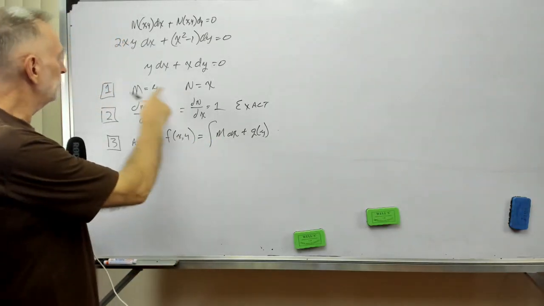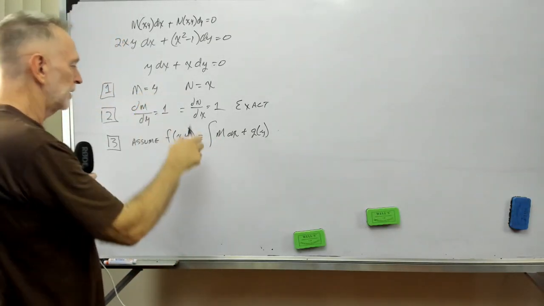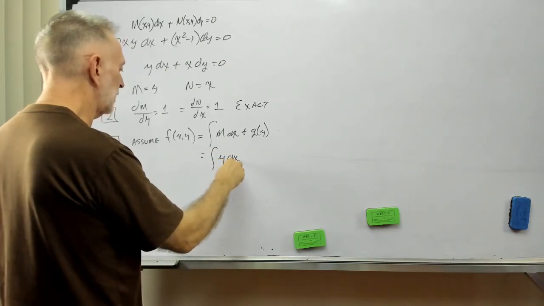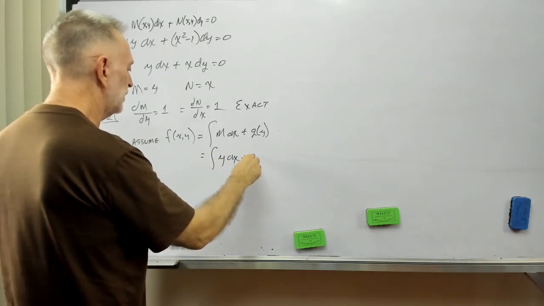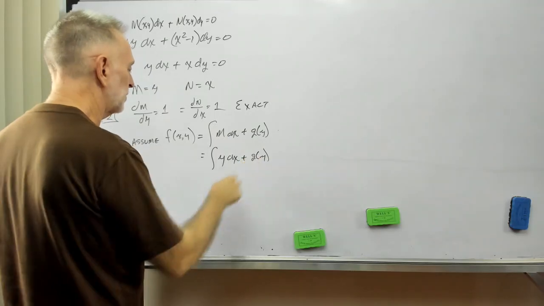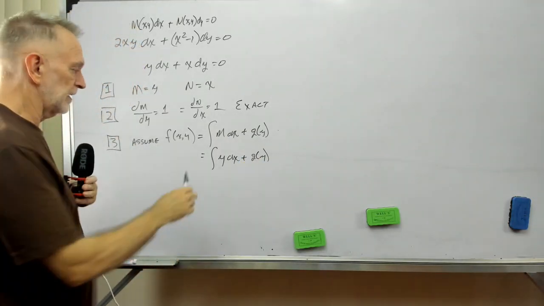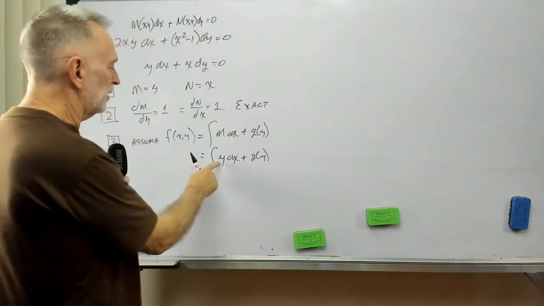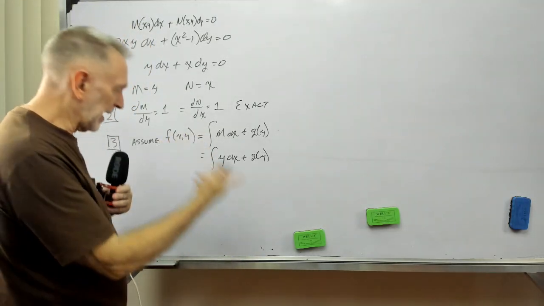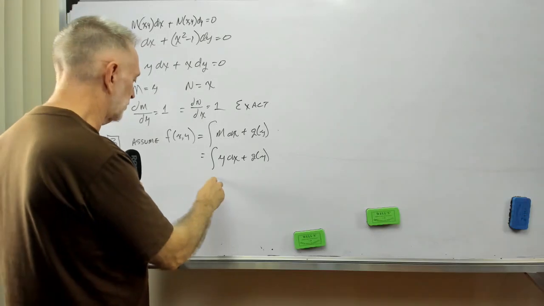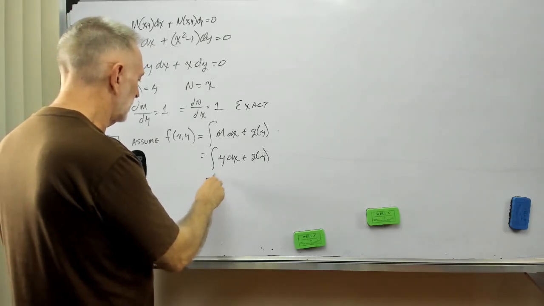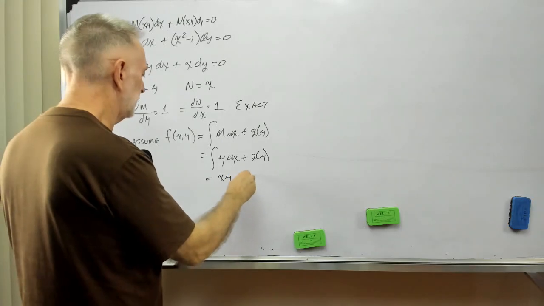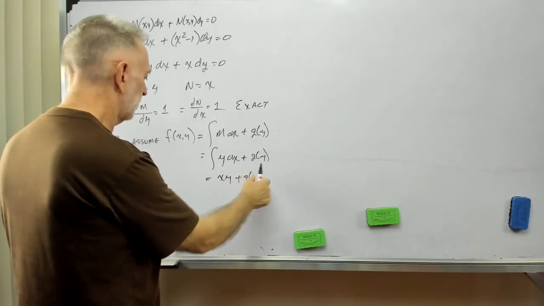Now I have M is y. So we have the integral of y dx plus g of y, and this g of y is my constant of integration, okay? But we're going to do something with it in a moment. If I integrate y with respect to x, y is just a constant, so I get xy plus g of y.